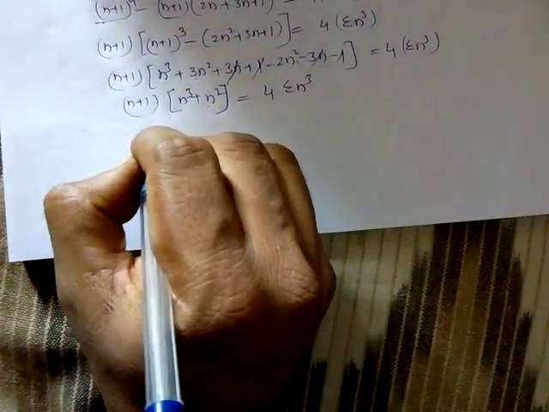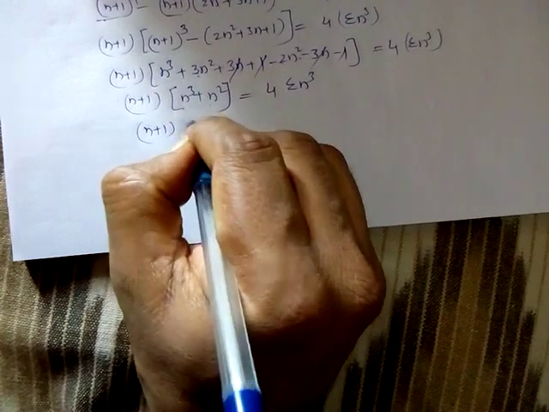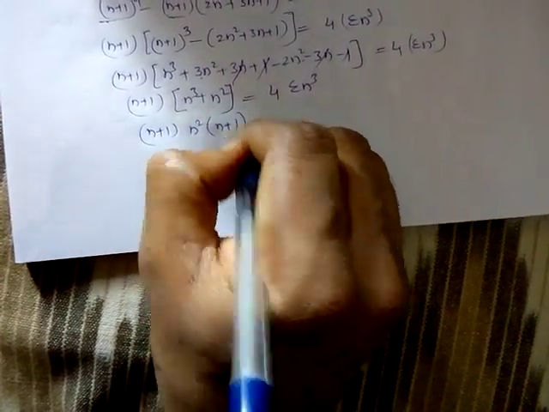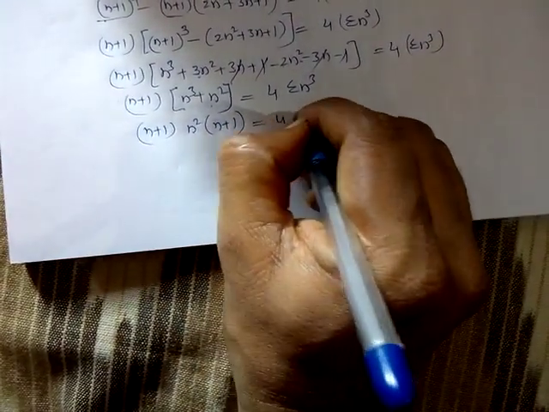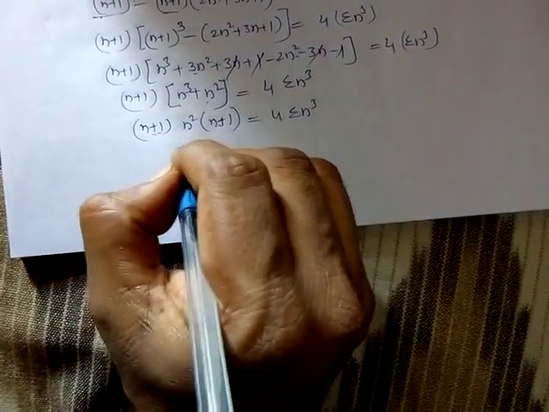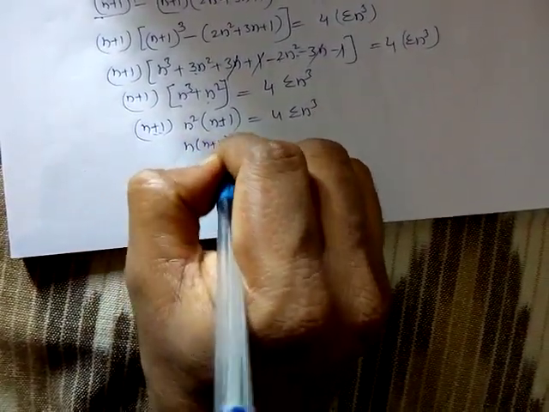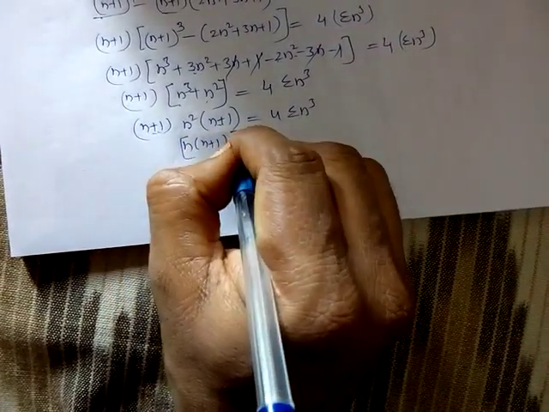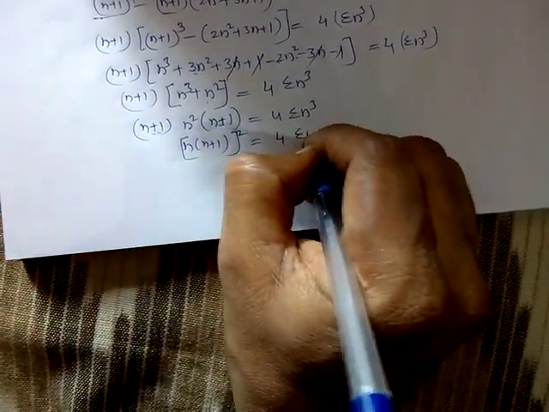So which one is common here? (n+1) into n square is common, so we get n plus 1 into n square is equal to 4 into sigma n cube. So n square, this is also n plus 1 whole square, so n square into (n+1) whole square is equal to 4 into sigma n cube.